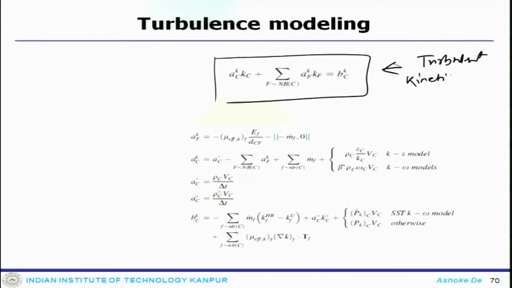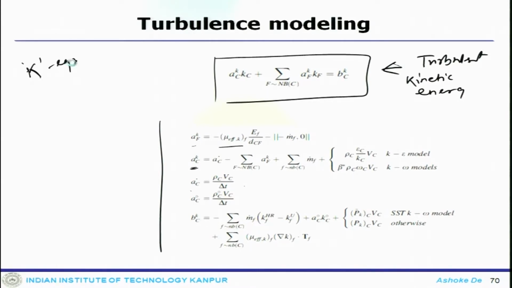kinetic energy. Again the equation looks the same. Here the coefficients for kinetic energy would be mu effective, AF, AC, then the time transient term. So, these are all the coefficients which you get for the k equation.